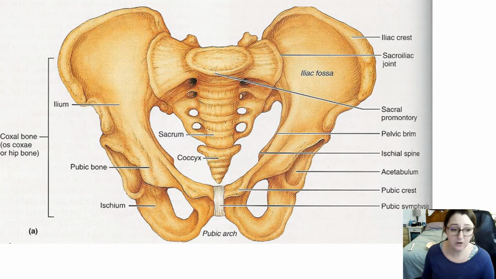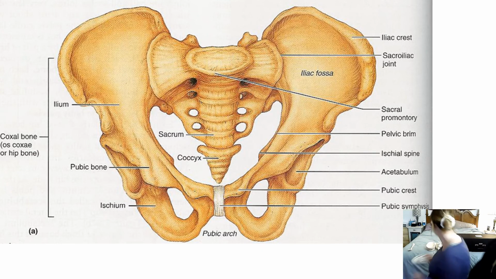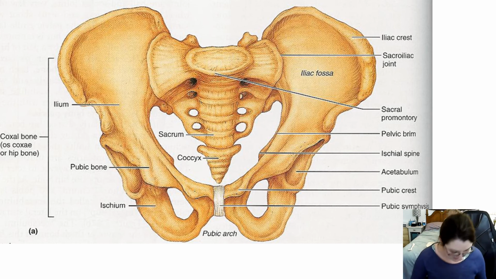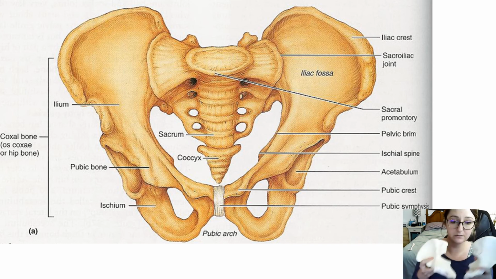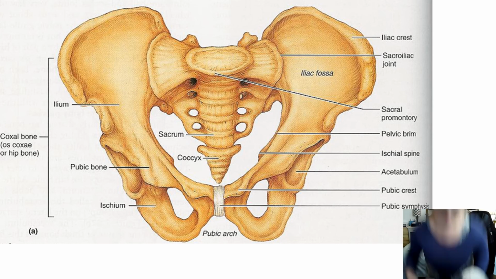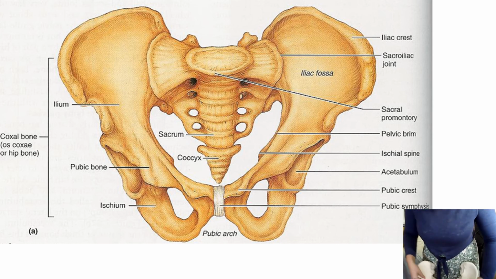So moving on to the pelvis. I don't actually have a sacrum with me or an articulated pelvis, but I do have these two halves right here. And they actually sit like this.